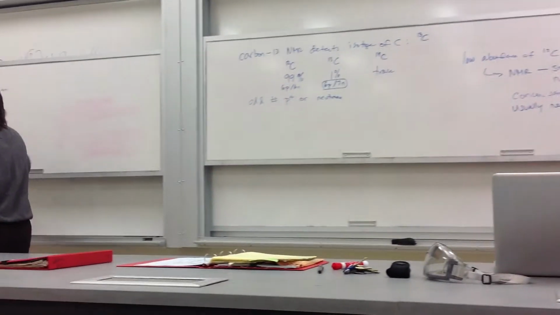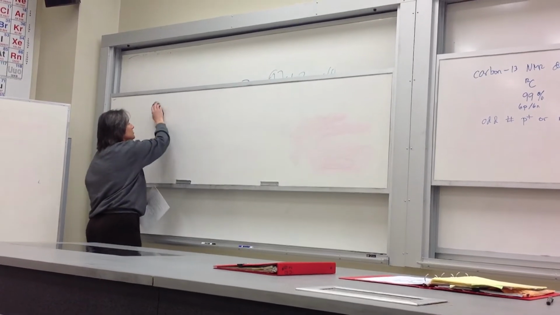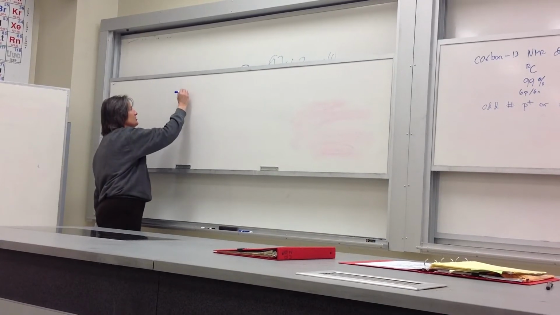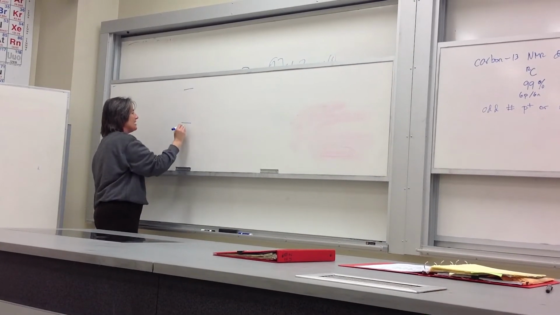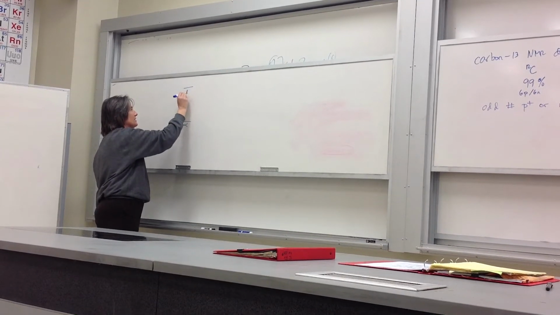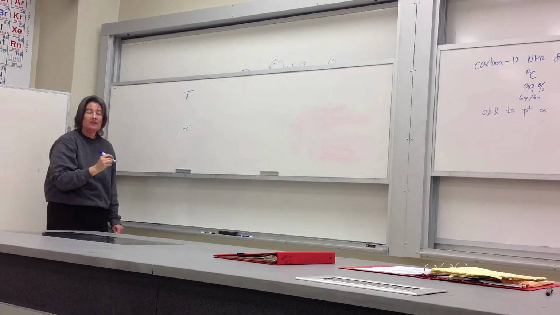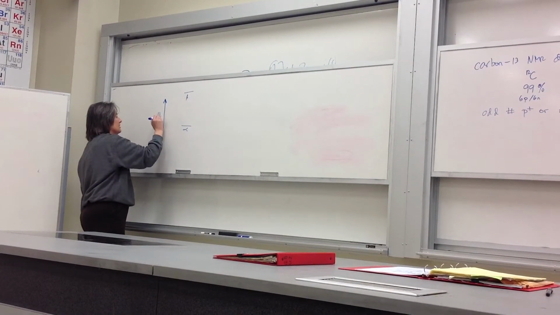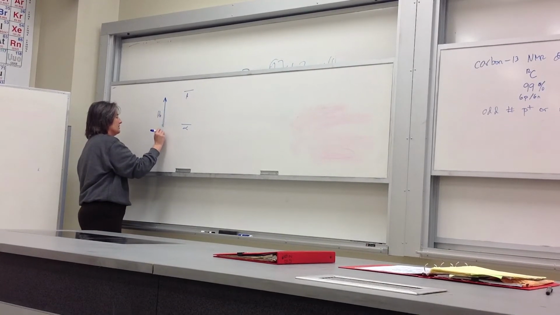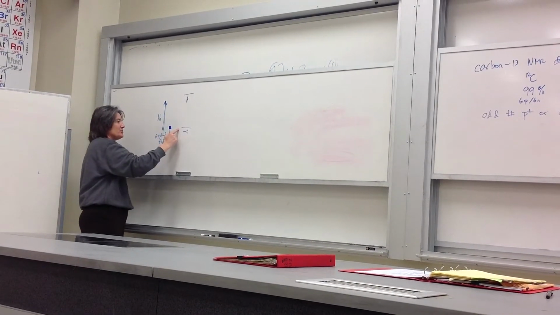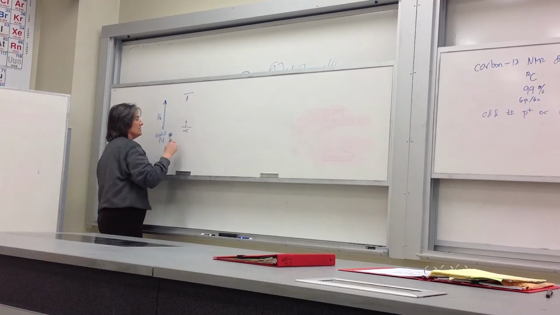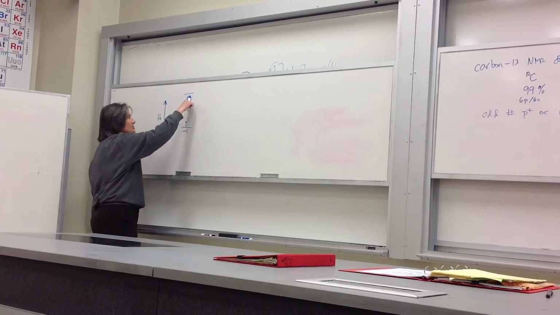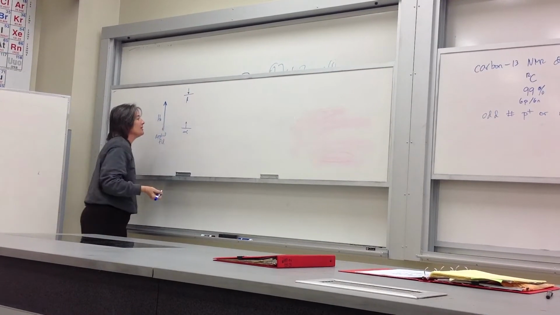So, let's talk about what you get when you do get a carbon-13 NMR. The energy range, remember the energy gap? We had the alpha spin state and the beta spin state when you put something into a magnet. And let's say your magnetic field is here. So that's your applied field. The alpha spin state was where the nucleus lined up with the magnetic field. And the beta spin state is where the spin lined up against the magnetic field.